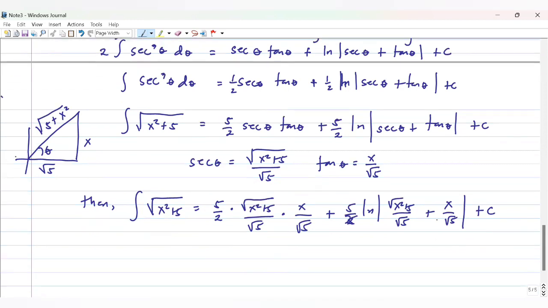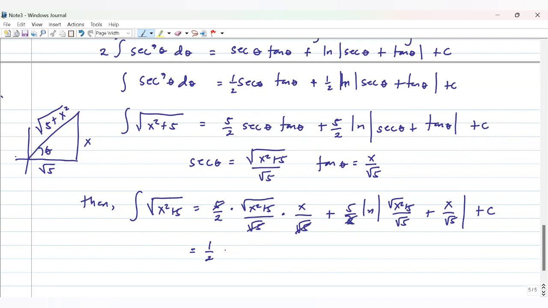So looking at this one, we try to add this one. So let's simplify. Okay, so on this first term, square root of 5 times square root of 5 is 5. 5 over 5 is 1. So we have 1/2. So this cancels out actually.